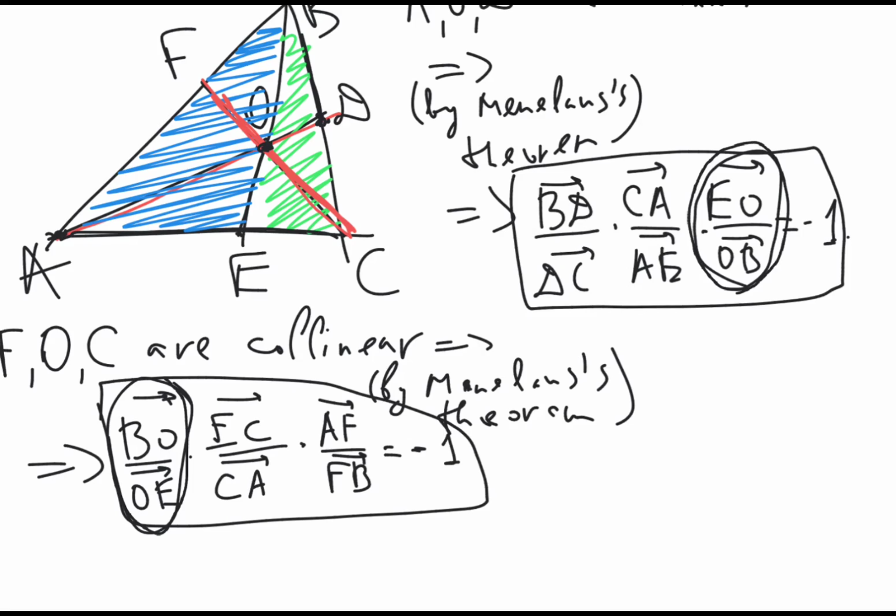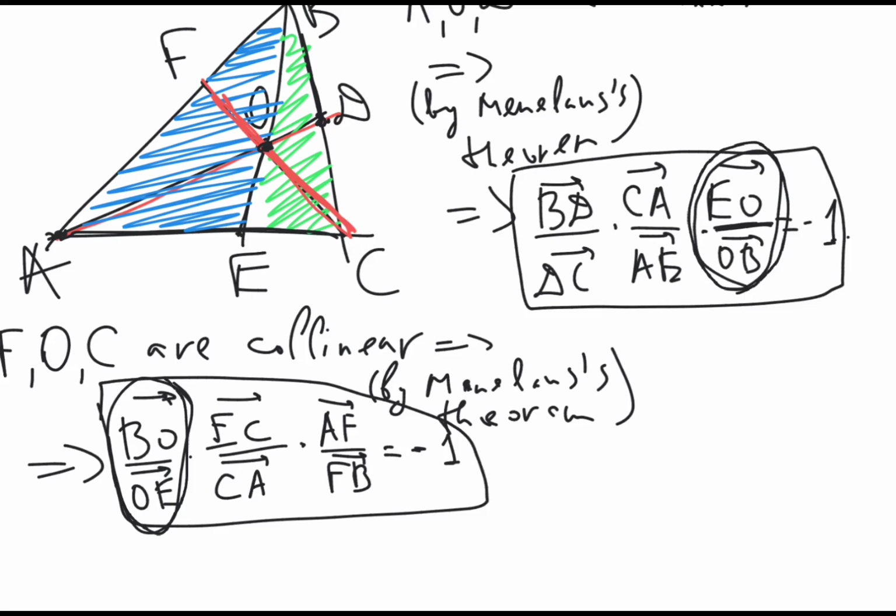So first notice that we can invert both vectors in the numerator and denominator, because recall what this ratio of vectors is. It's equal to the ratio of the segments with the sign plus if the vectors are in the same direction, and with the sign minus if they are in the opposite direction.